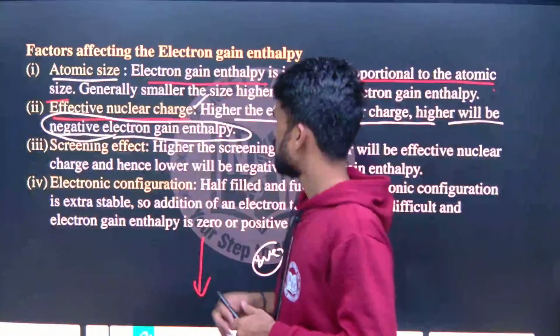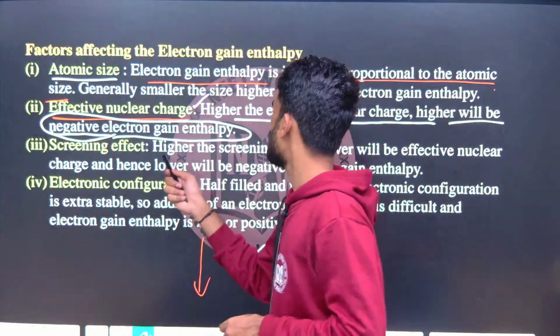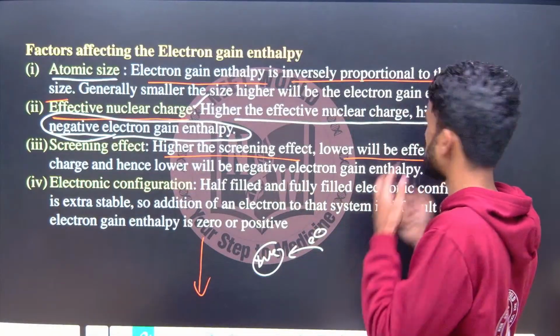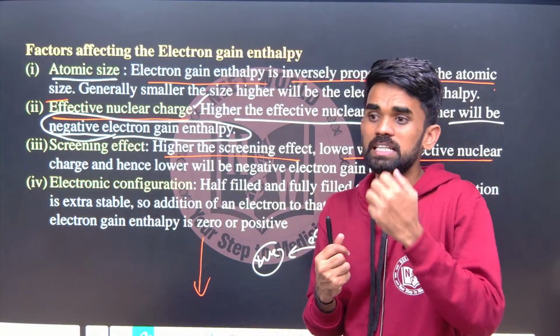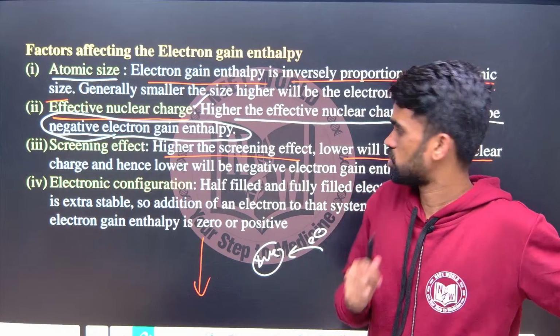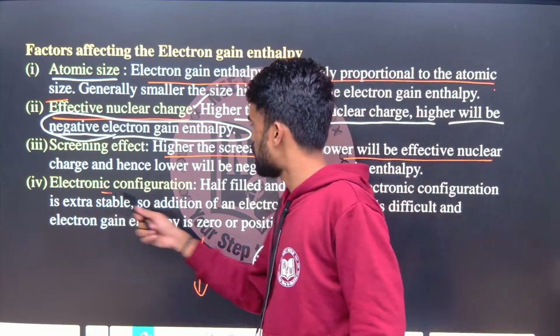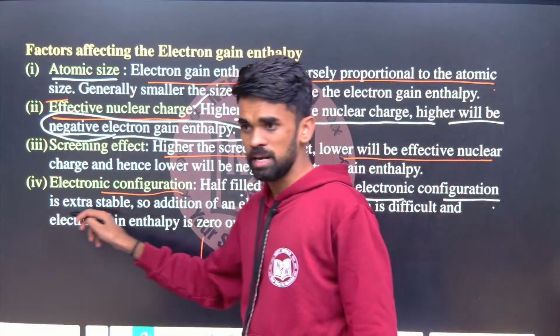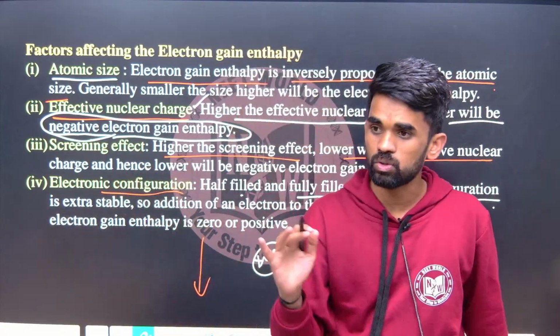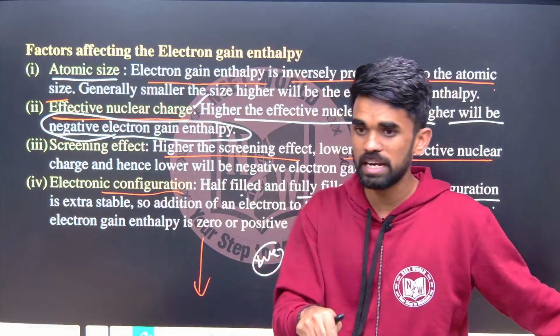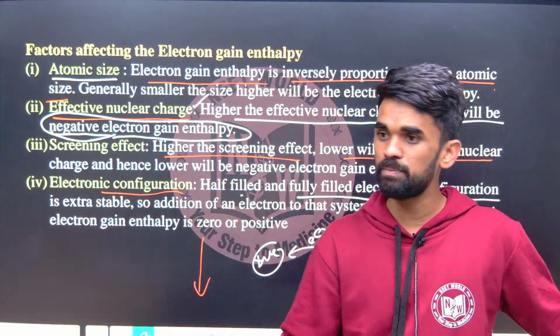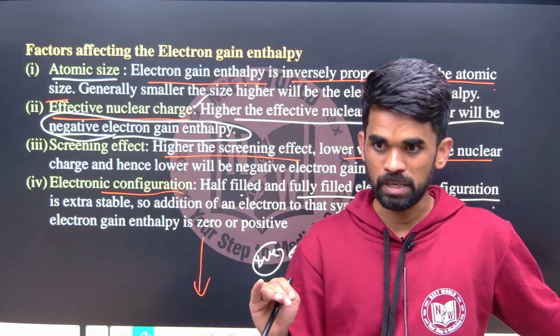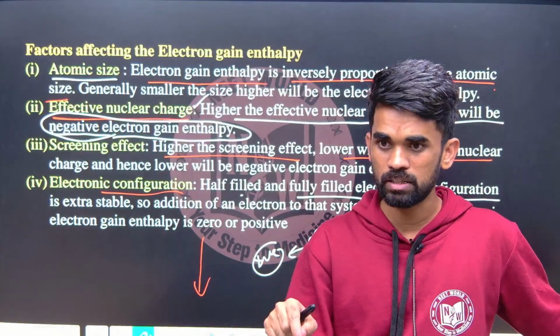Next, screening effect: the higher the screening effect, the lower the effective nuclear charge, so there is less tendency to gain the electron. And electronic configuration: half-filled and fully filled configurations are already stable. Adding an electron to them will be difficult because by adding an electron they become unstable.